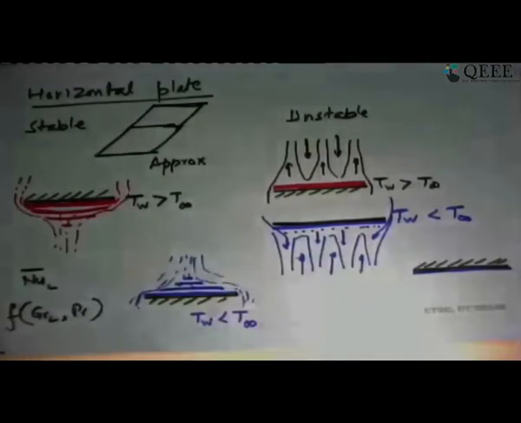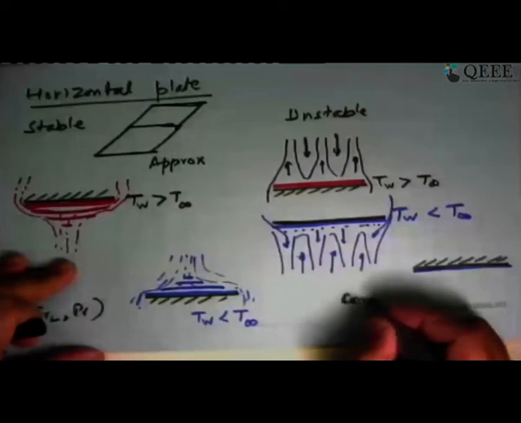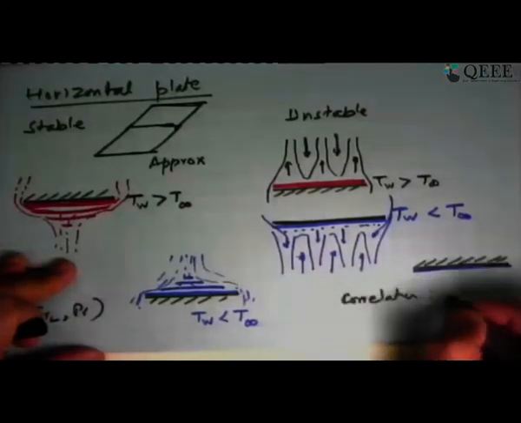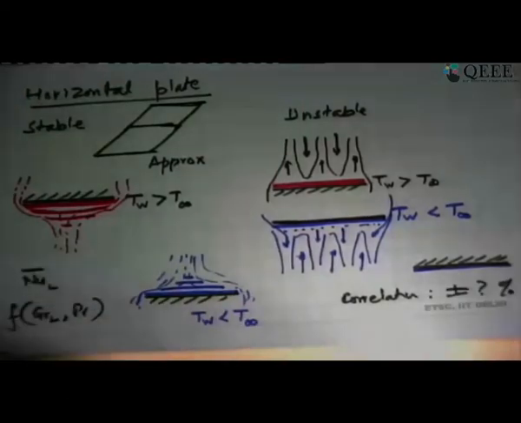So although they are both quite common, it's not so easy to estimate this, and you do have correlations, but the flow is very unstable, the flow is not exactly predictable, so whatever correlations one may use, there's a lot of uncertainty associated with that. Plus minus 20% is not uncommon.